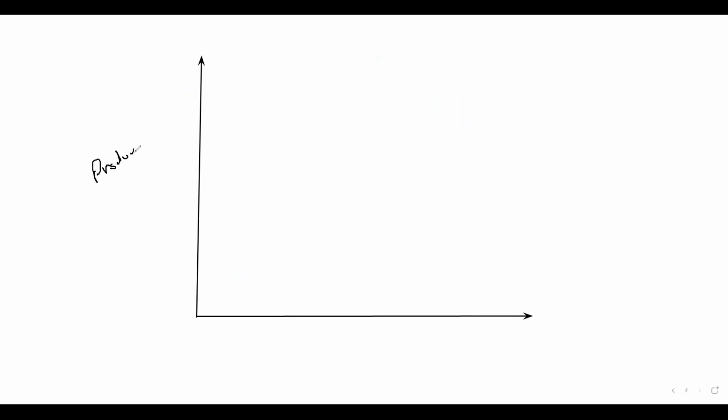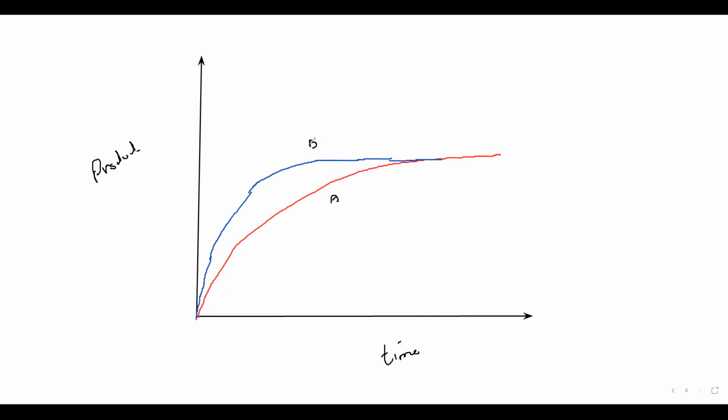So if I sketch a graph here for the product and time, we have two graphs, example A and B. Which graph is there for powder or large surface area, A or B?